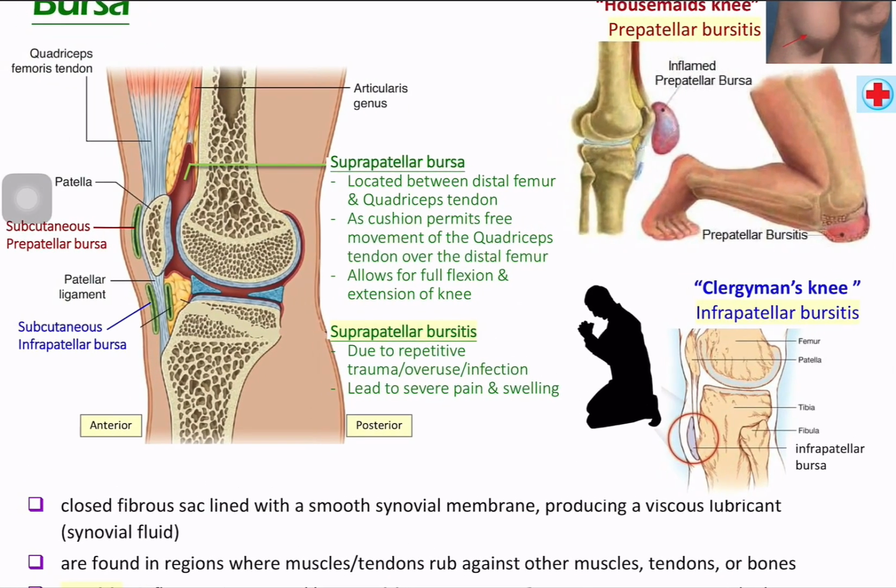The suprapatellar bursa acts as a cushion, permits free movement of the quadriceps tendon over the distal femur, and allows for full flexion and extension of the knee. Repetitive trauma, overuse, or infection can lead to suprapatellar bursitis, and it results in severe pain and swelling.